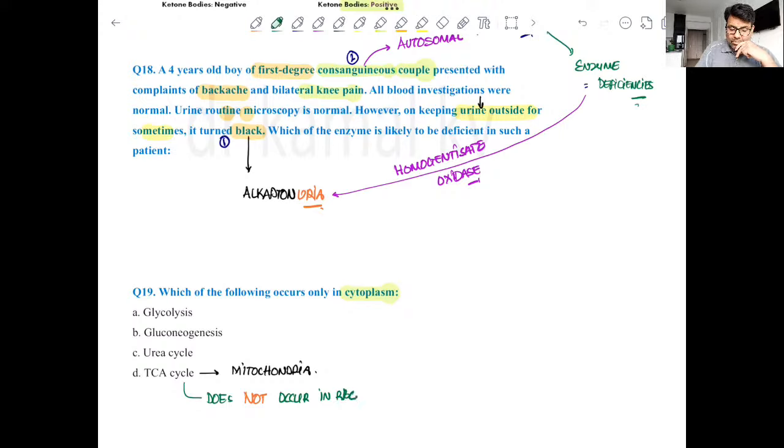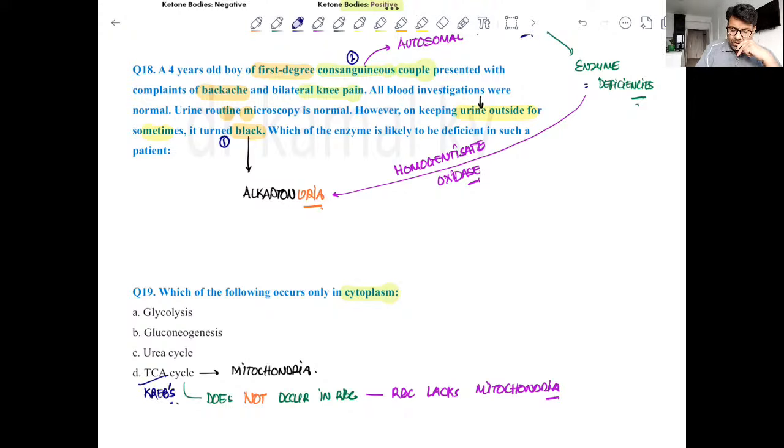Why does it not occur in RBC? Because RBC lacks mitochondria. They don't have mitochondria, so how can this cycle occur there? So this is one thing for Krebs cycle or tricarboxylic acid cycle.